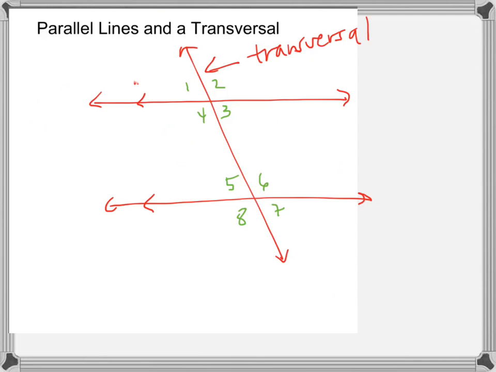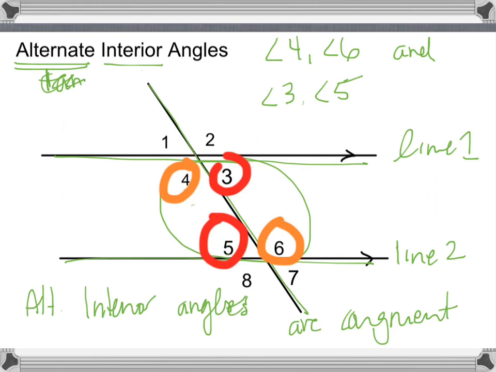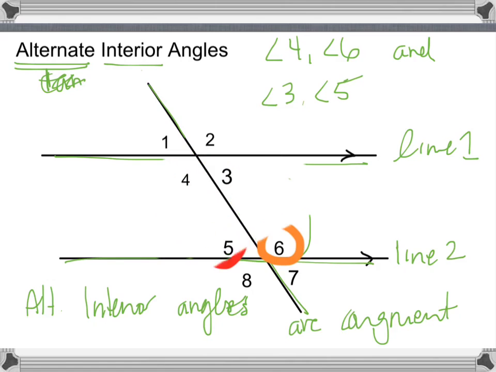Okay, and you can see that because, remember from the other page, we know that 1 and 3 are congruent because they're vertical angles. We know that 3 and 7 are congruent because they are corresponding angles, and 5 and 7 are congruent because they're vertical.